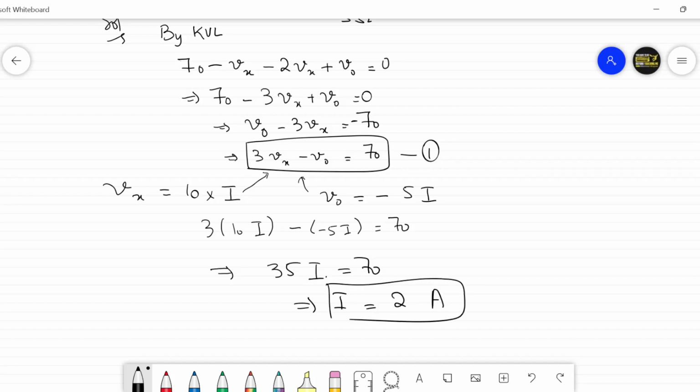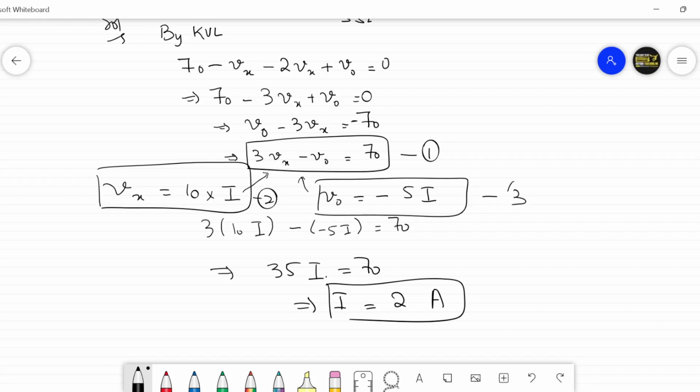Now with I equal to 2 amperes, substituting the value of I in equation number 2 and 3, Vx is equal to 2 into 10, that is 20 volts. V naught is equal to minus 5 into 2, that is equal to minus 10 volts.